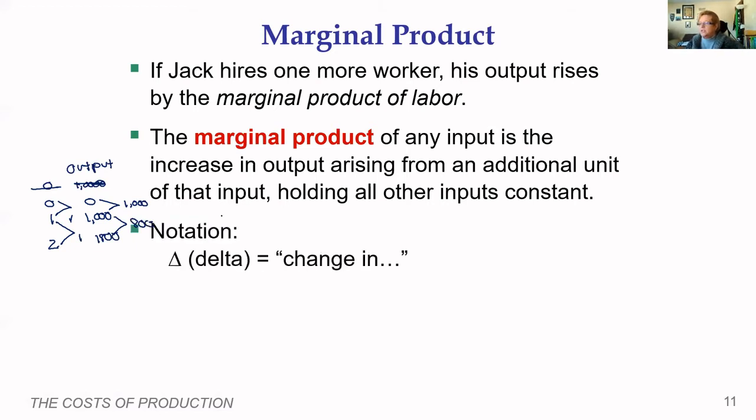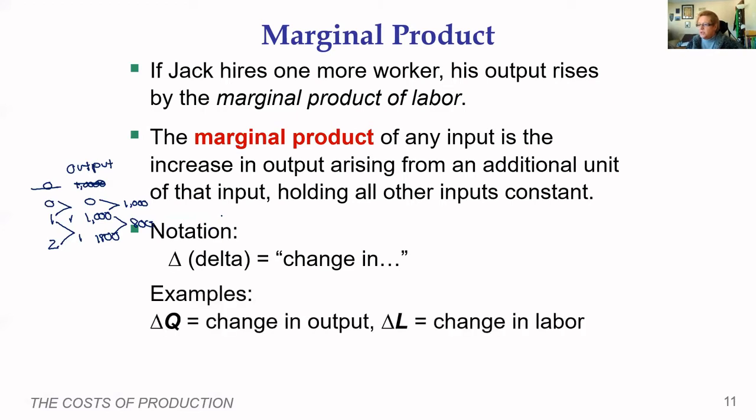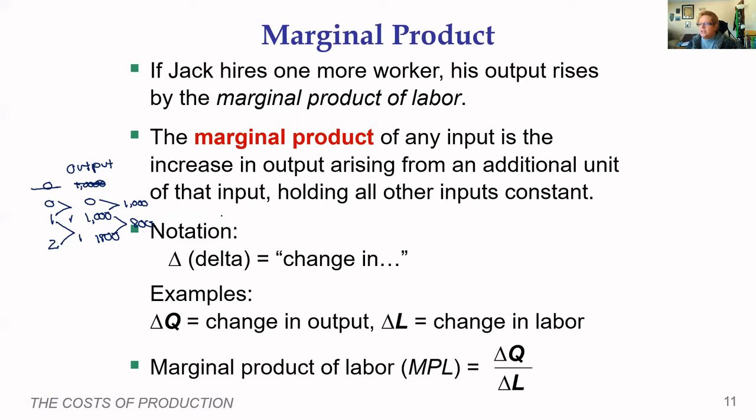And again, notice ceteris paribus. So the change in output divided by the change in labor. And this is how you can calculate the marginal revenue product of labor, or the marginal product of labor, same thing, okay? Don't get hung up on the definitions, but the change in quantity, what's the output that we gain?